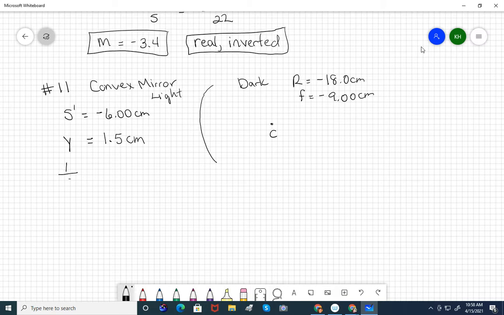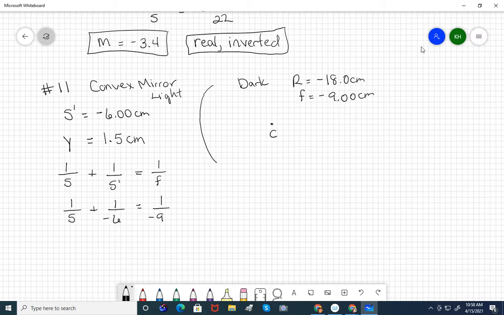I'm sorry, where the object is located. 1 over S plus 1 over S prime equals 1 over F. I don't know where the coin is, but I know the image is at negative 6 centimeters, and I know my focal length is negative 9.